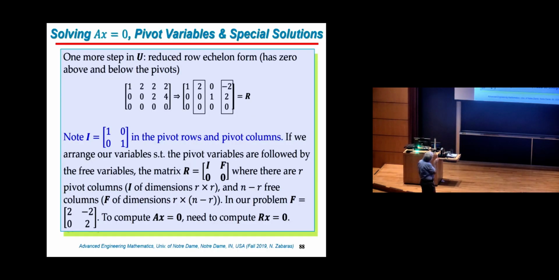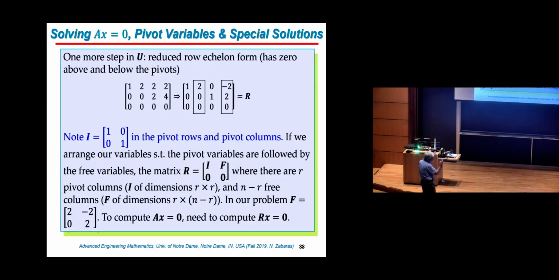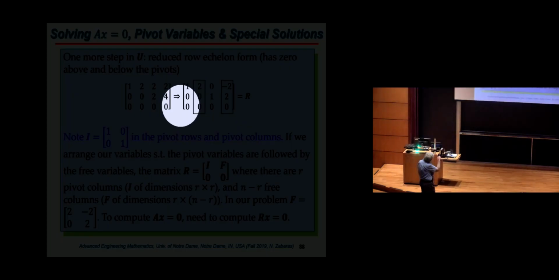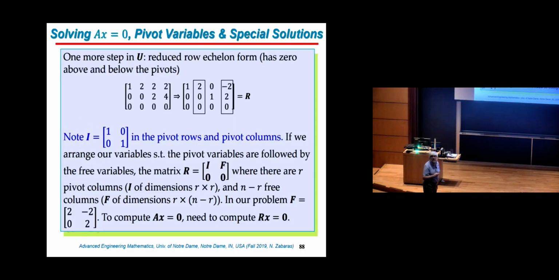So notice that when you look at the pivot columns, I have 2 pivot columns and 2 pivot variables, x1 and x3. Notice that what is hidden there, looking at the pivot columns alone, is the identity matrix I. All right?